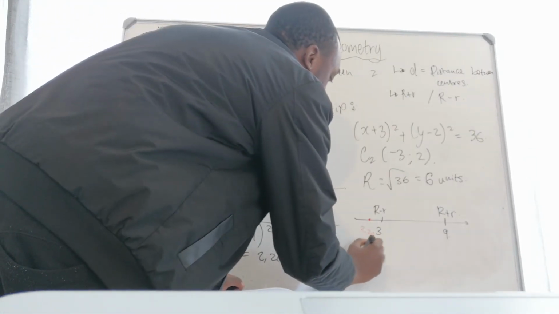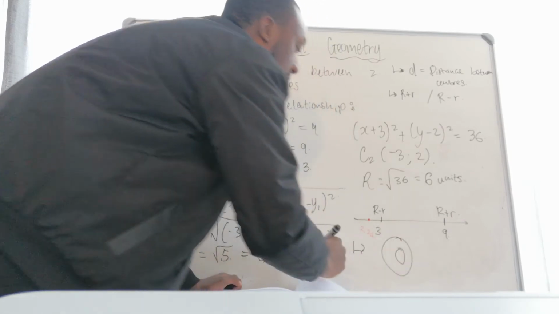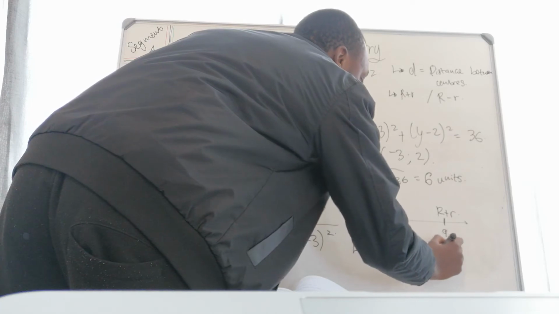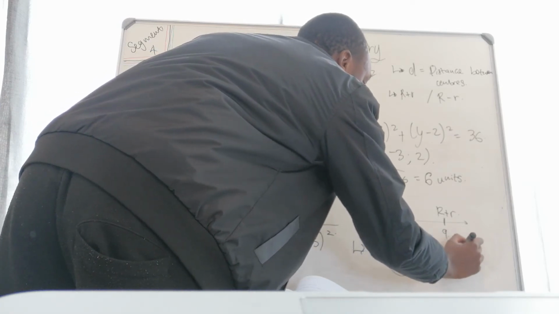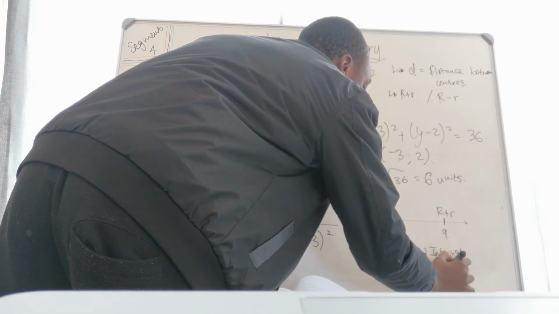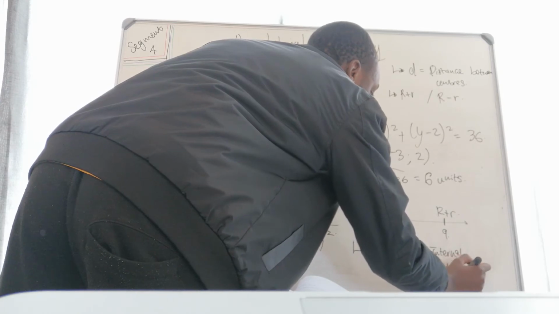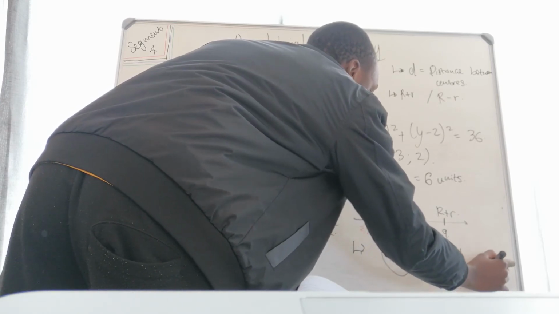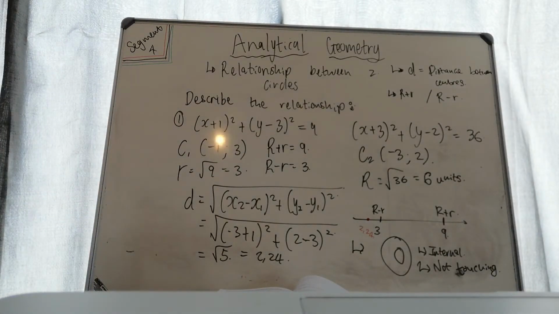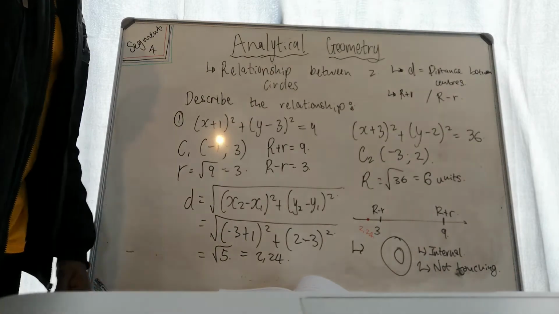So what do I say here? They look like that, these guys. So how do I interpret that in words? They're internal and they don't touch. Not touching. Right? So that's how the picture will look. And basically that's what they wanted from us.